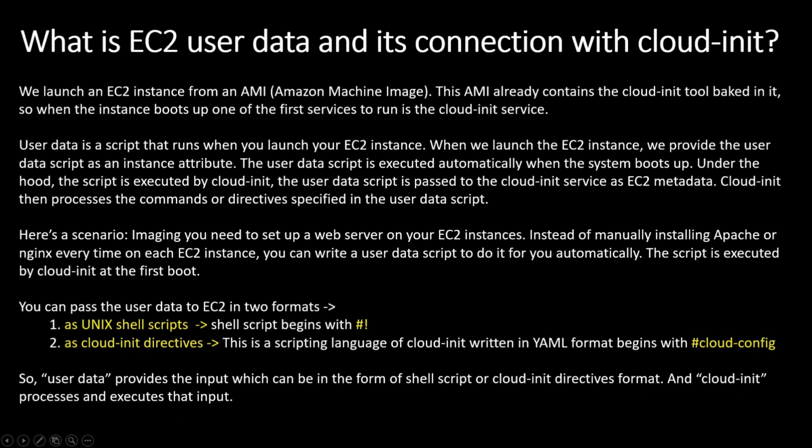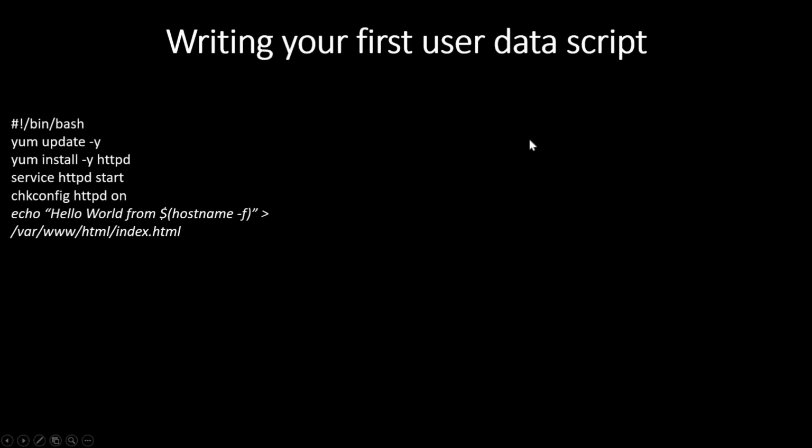So let us now go to the next slide and write our first user data script. This is our user data script which we will be passing while launching our EC2 instance.